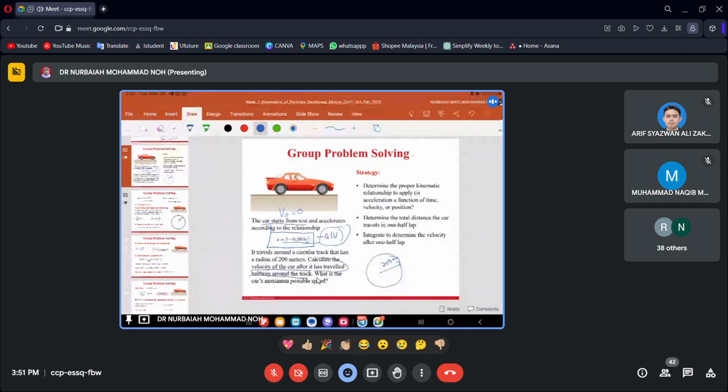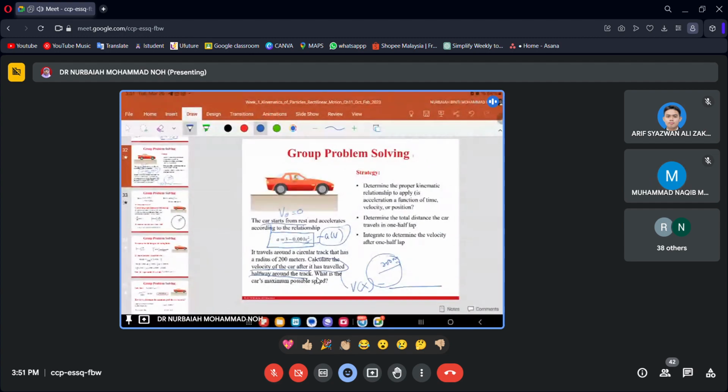Okay, so bermaksud you punya velocity ni kena dapatkan nilai dia berdasarkan distance x. Berapa distance x kat sini? Okay, dia nak dapatkan berapa V apabila x equal to halfway of the track. Okay, berapa halfway of the track ni, macam mana kita nak kira? How can we calculate halfway of the track?